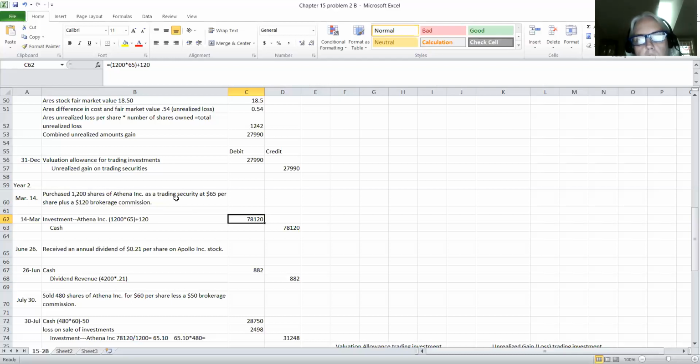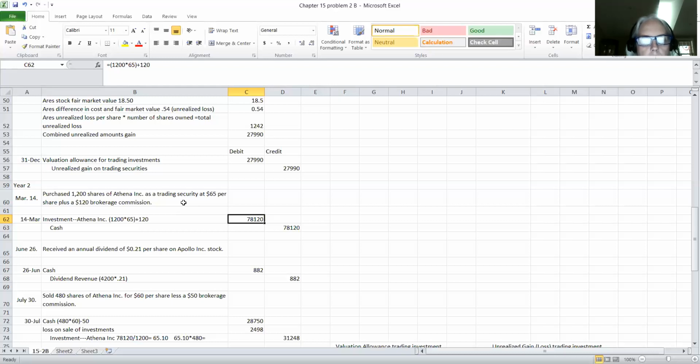But there's a difference between a trading security and an available for sale security and a held to maturity type of investment.